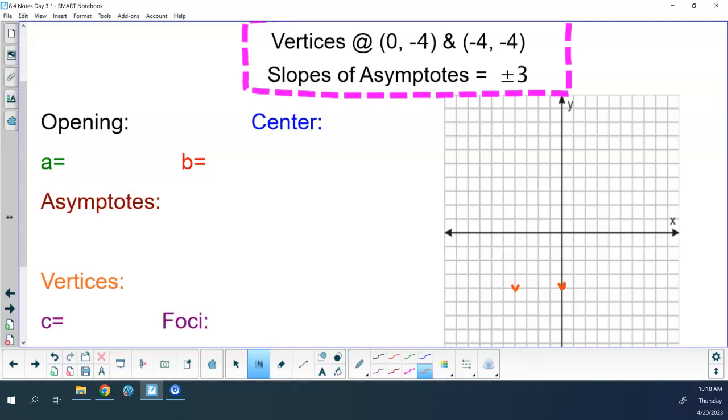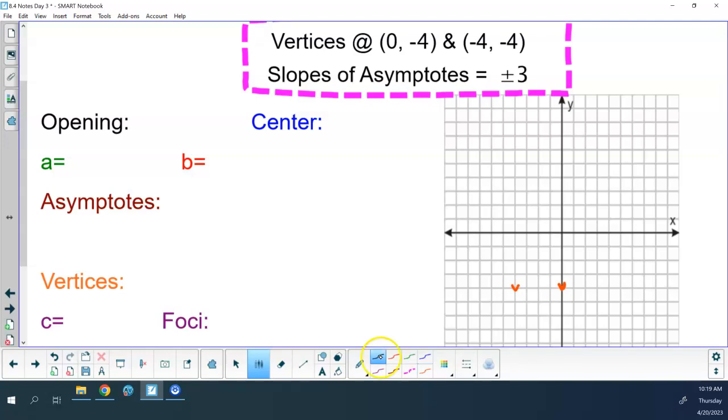Would you agree with said scenario so far? Okay. Based off of just that, which way does my hyperbola open? Why, Kate? My vertices are aligned left and right. Yep. So if it opens left and right, my vertices are going to be aligned left and right. If it opens up and down, my vertices are going to be aligned vertically.